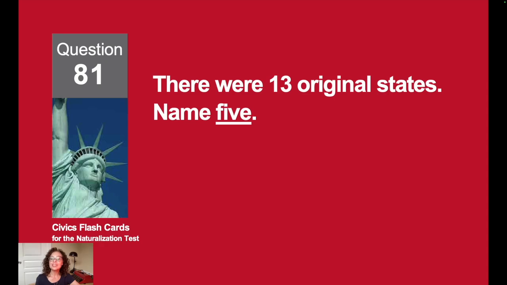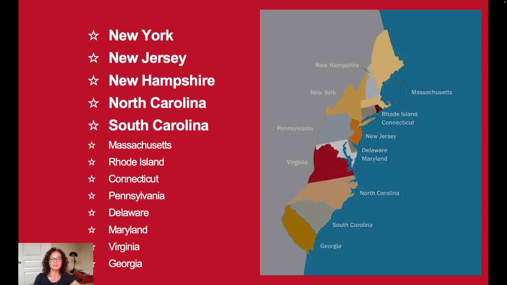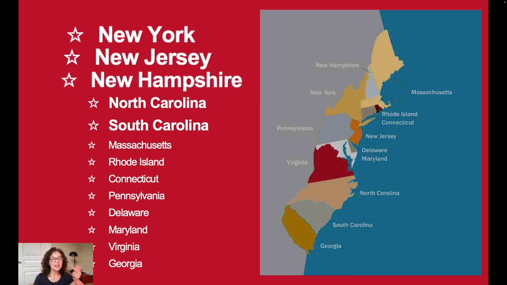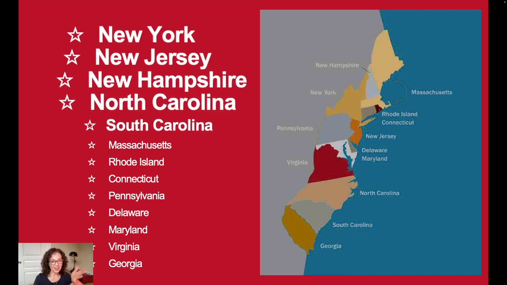There were 13 original states. Name 5. New York, New Jersey, New Hampshire, North Carolina, South Carolina.